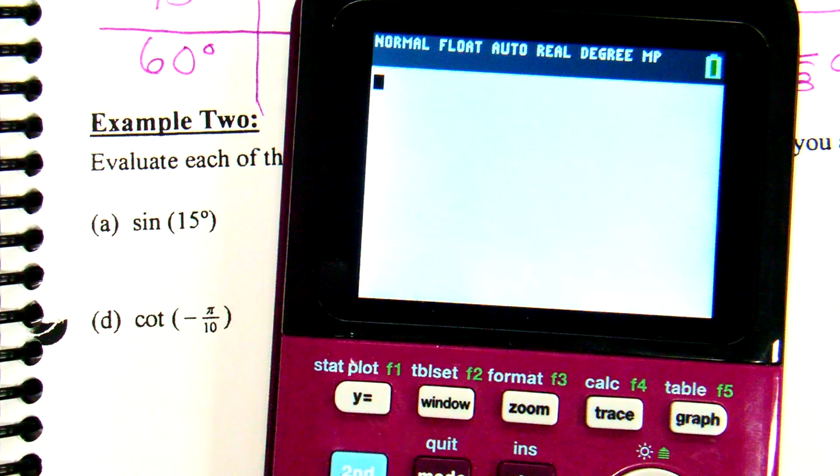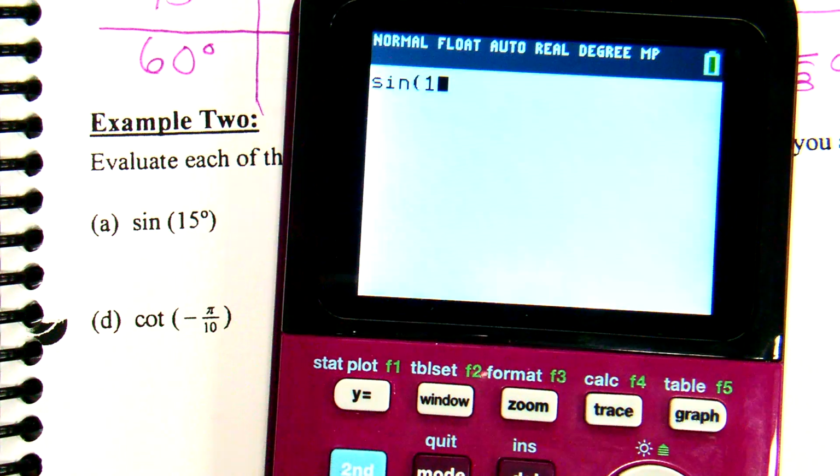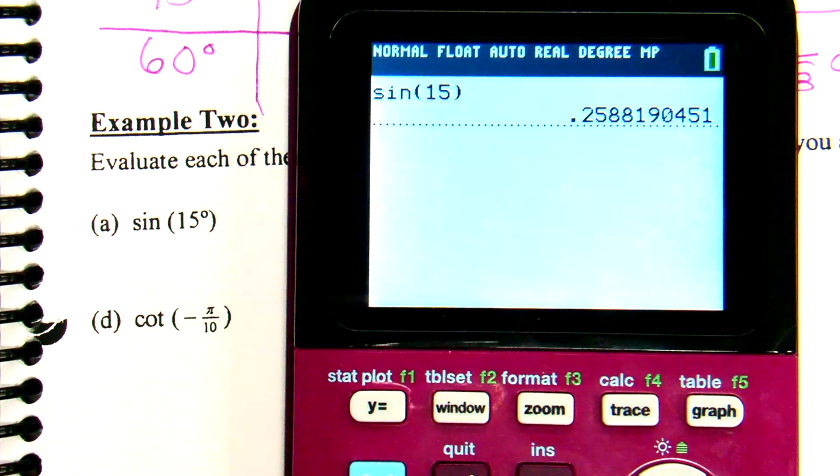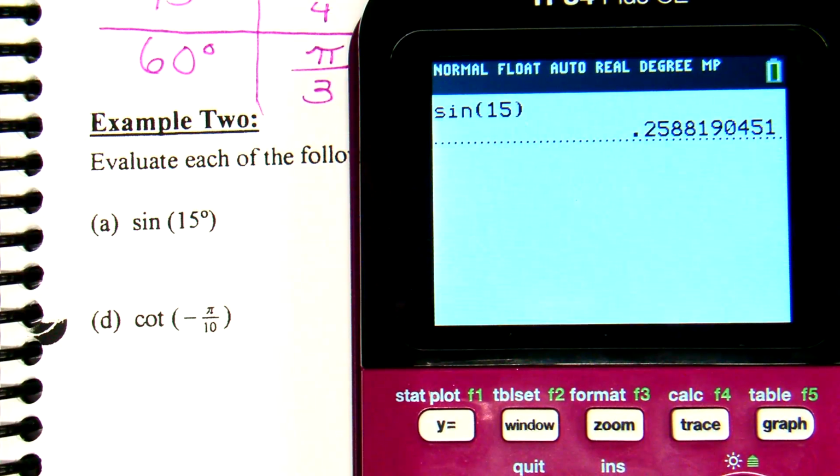You hit sine and you type in 15. And if luck is in your favor, you got the same answer as me. If luck is not in your favor, you're in the wrong mode.